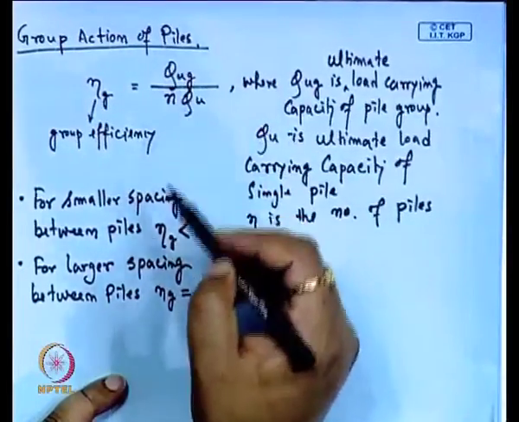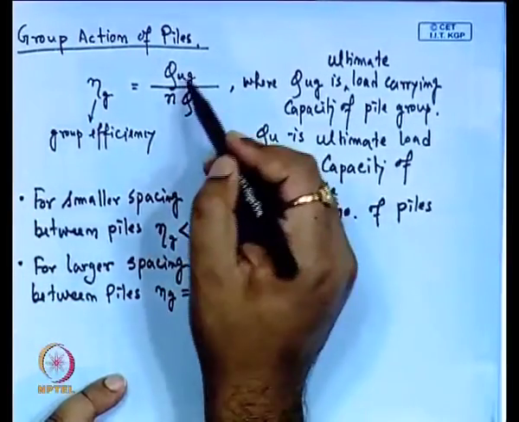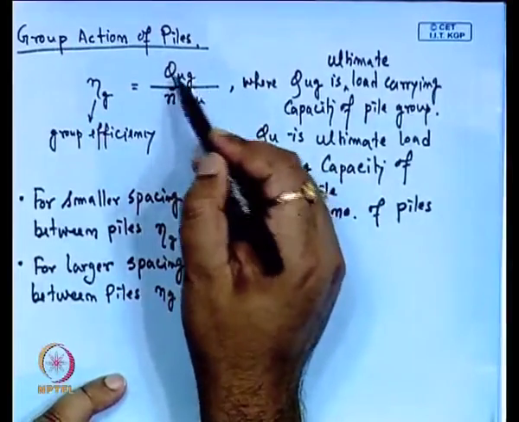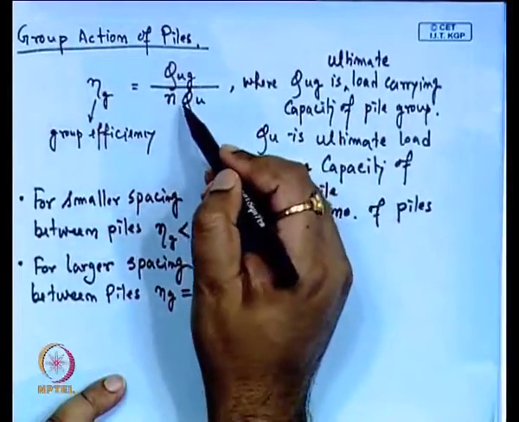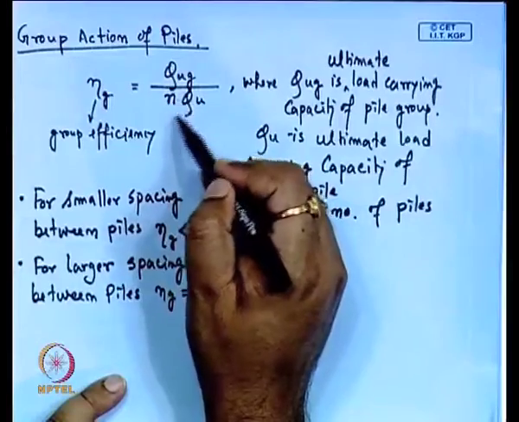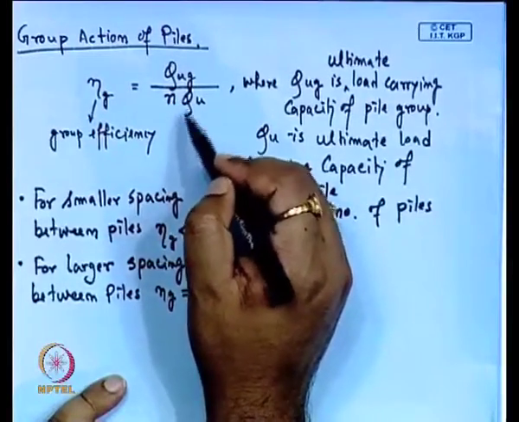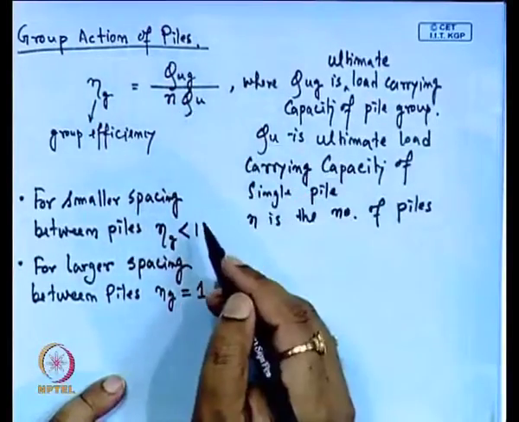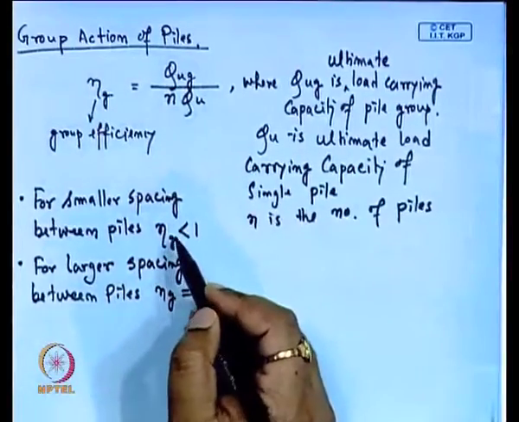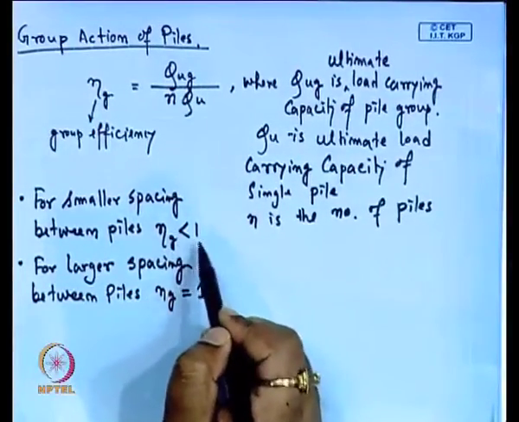So if the spacing is very small, the group capacity is lower than the summation of all individual pile capacities, and the efficiency will be less than 1.